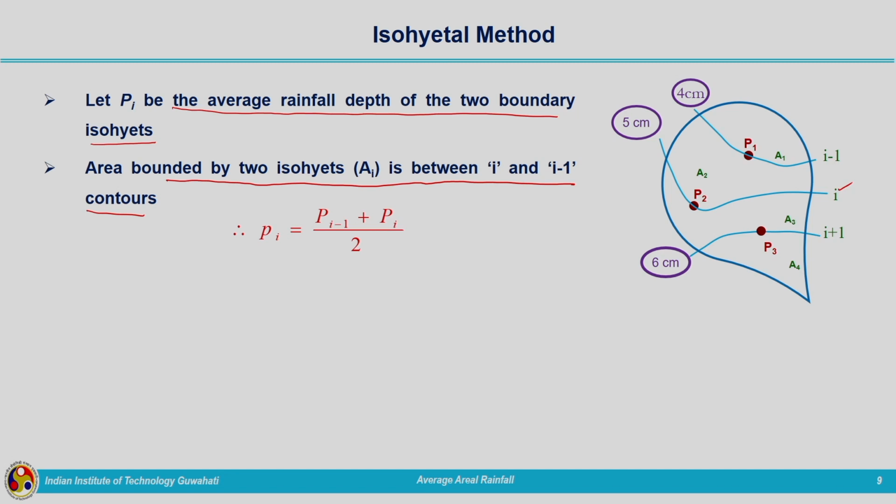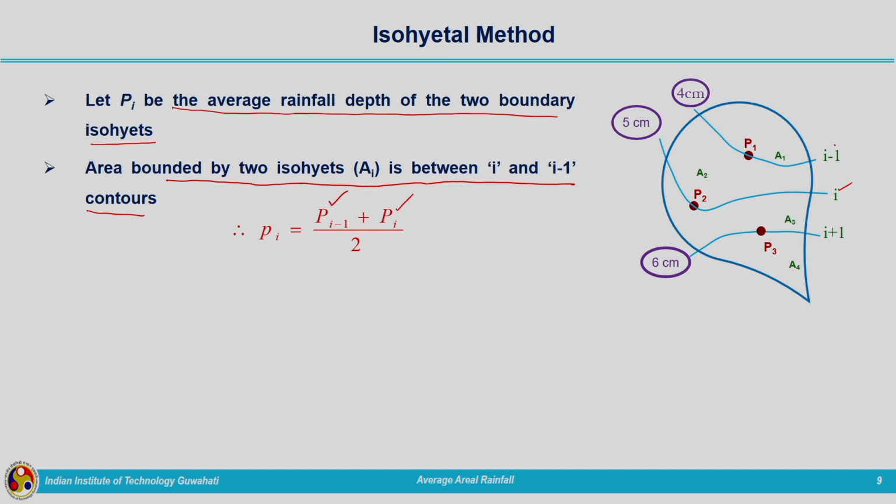Now, the precipitation within that particular area can be averaged out by using the rainfall at the I minus 1th isoheight and ith isoheight, that is Pi is equal to Pi minus 1 plus Pi divided by 2.